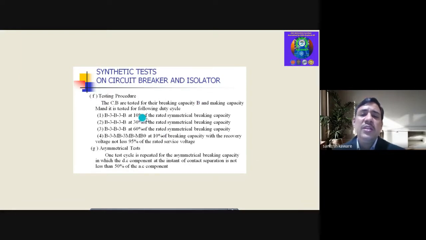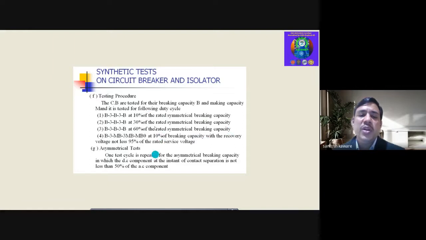They are tested with different loadings of the rated symmetrical breaking capacity. Symmetrical means they create symmetrical faults on the R, Y, B phases, and percentage-wise, with 10%, 30% and so on, they test.